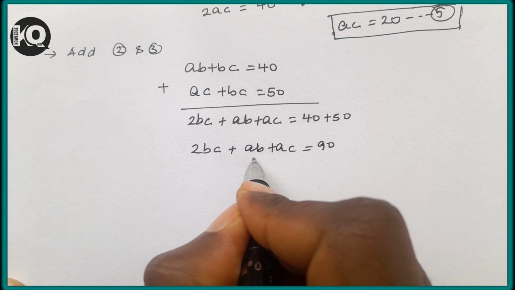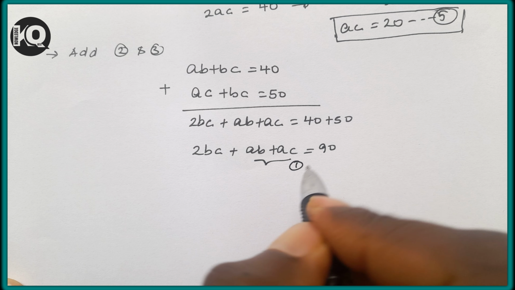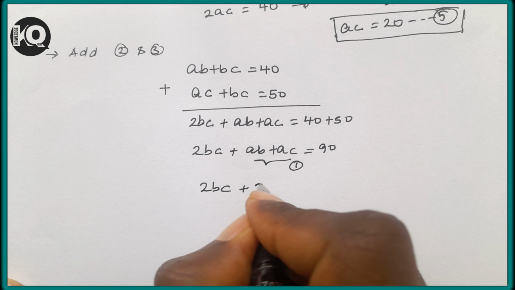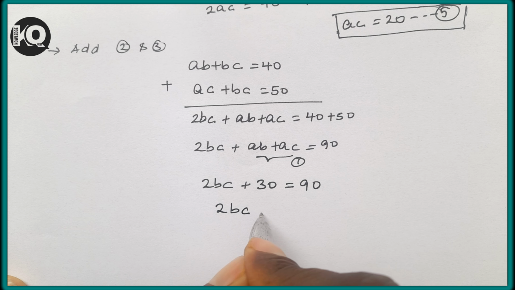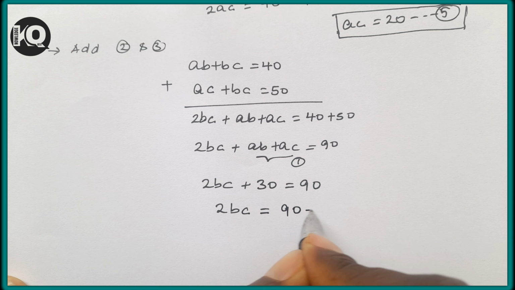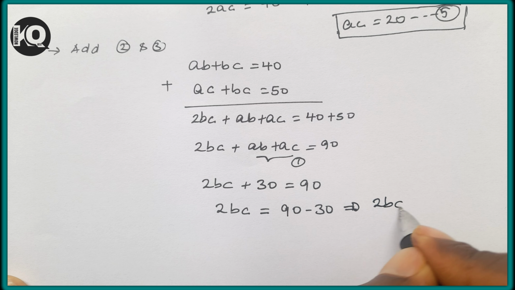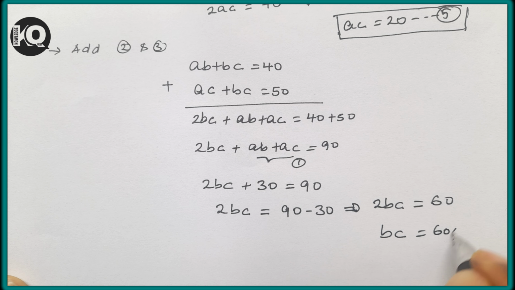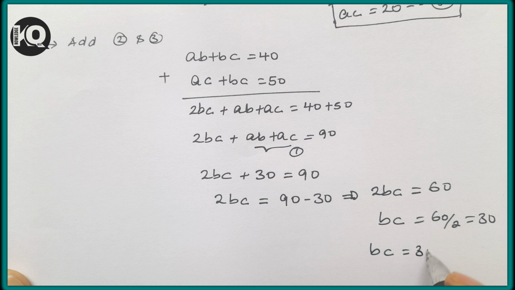Here ab plus ac is equivalent to equation 1, which is 30. So 2 times bc plus 30 is equal to 90. Then 2 times bc is equal to 90 minus 30, which is 60. Then bc will be 60 by 2, which is 30. Let's say bc equal to 30 is equation 6.